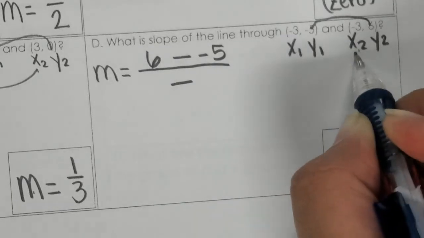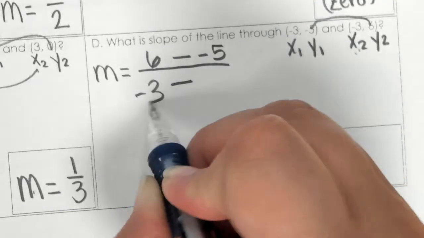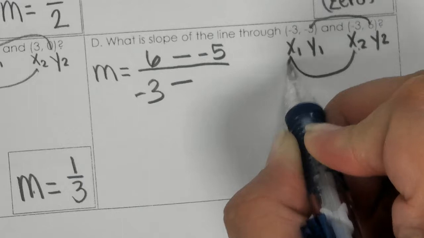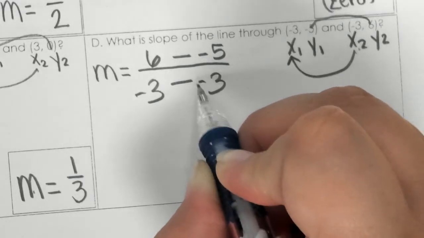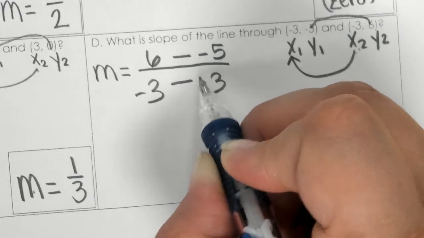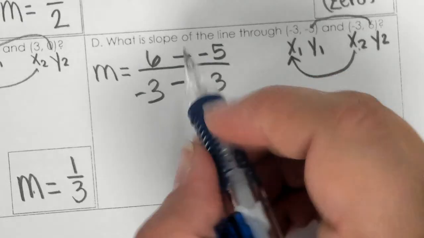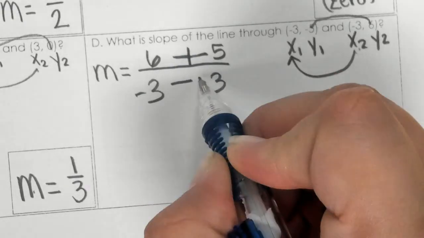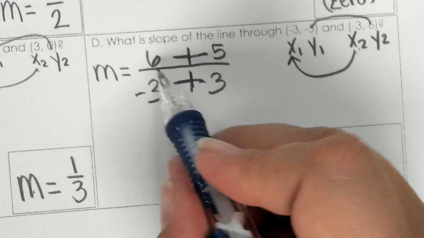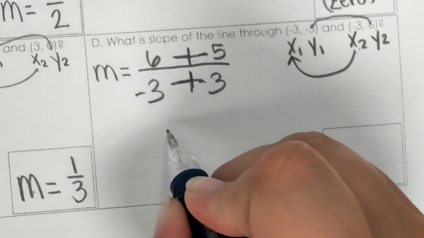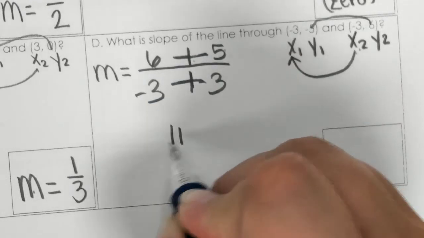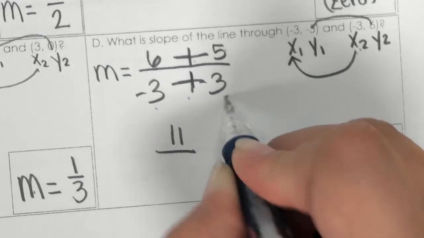On the bottom, we've got this negative 3 minus negative 3. So here, this should be plus. Here, this should be plus. So 6 plus 5. And then negative 3 plus 3.